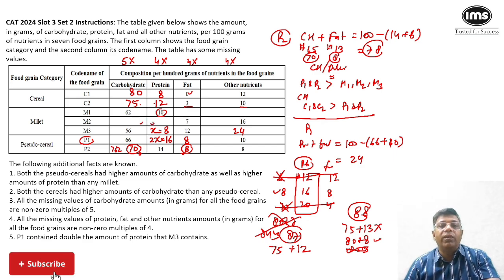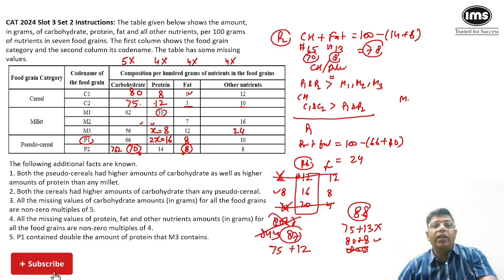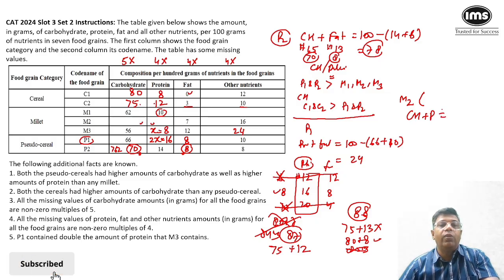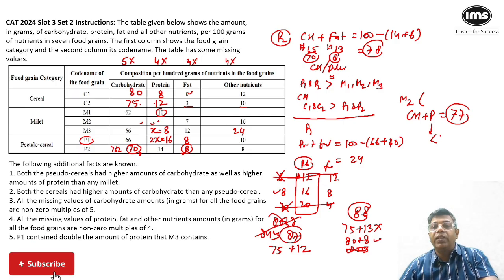Now imagine what is the summation of these two values. 7 plus 16, 23. So I think if you look at the M2 category, carbohydrate plus protein is equal to 77. But what I have to ensure is that M2 has to be less than P1 and P2 both. So M2 has to be less than 14. This value has to be less than 14.